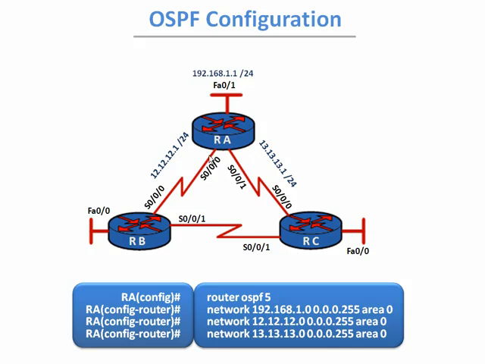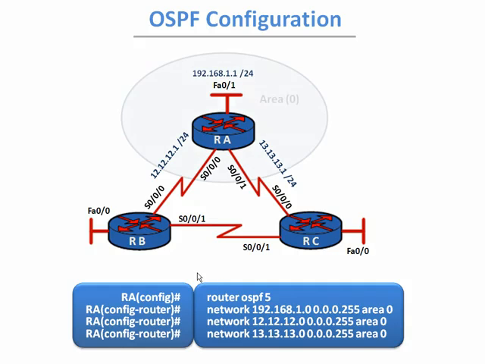Then it will start exchanging hello packets through that interface, and when it forms a neighbor relationship, in our case with router B, it will send it an LSA with a list of all the networks that we enabled with the network command, which in our case are the 192.168.1.0 and 12.12.12.0 networks, plus all other networks that this router might have learned from somebody else, but at least in our topology, it hasn't learned anything else.